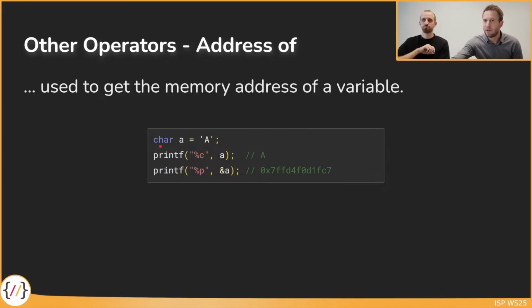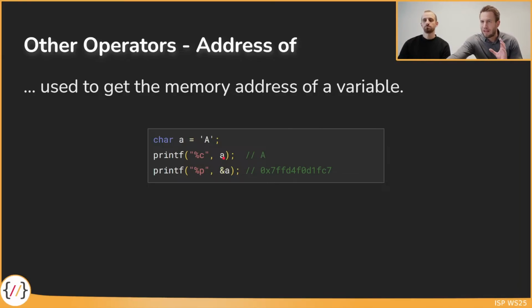For example, here we have a character variable with the name A that stores some character, in this case the capital letter A. And here we have printf statements that are used for printing something on the screen, which we have seen in the Hello World example before. There are also some characters here we will have a look at a little bit later in today's lecture.